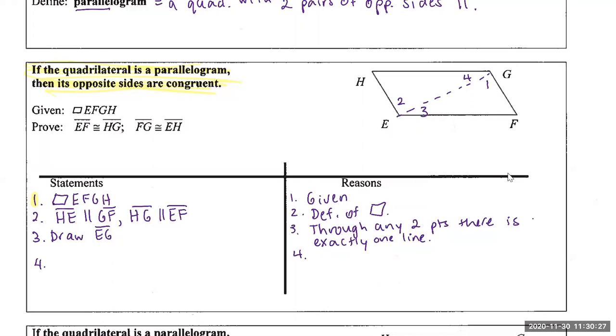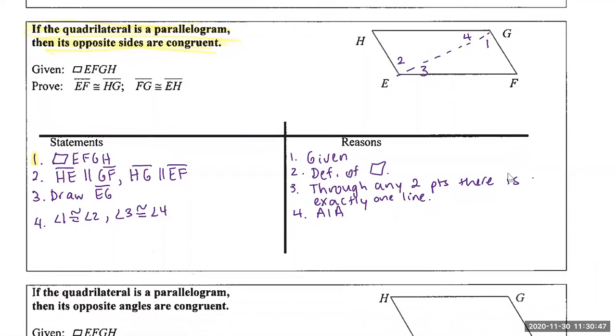You stated 1 is congruent to 2 and 3 is congruent to 4. And many of you are saying that it's by AIA. That's true because those opposite sides are parallel, therefore the alternate interior angles of those sides are also congruent to each other. So 1 is congruent to 2, 3 is congruent to 4.